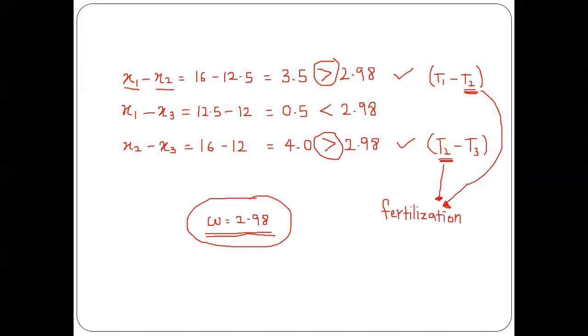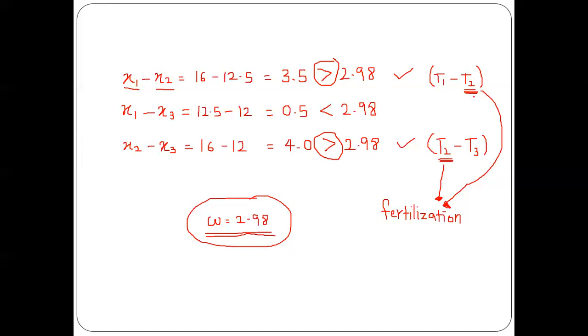So now we can see that one difference occurs between treatment 1 and treatment 2, and the other difference is between treatment 2 and treatment 3.